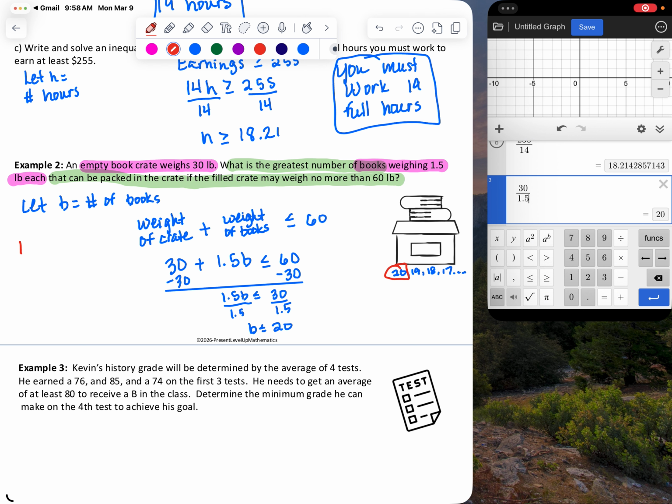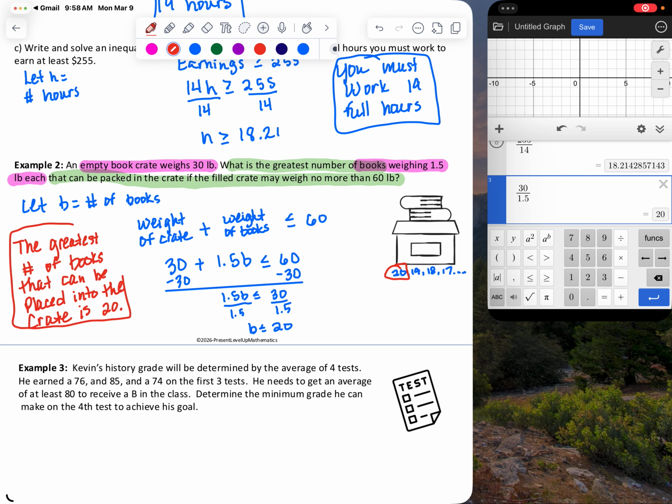So the greatest number of books that can be placed into the crate is 20. The greatest number of books that can be placed into the crate is 20.